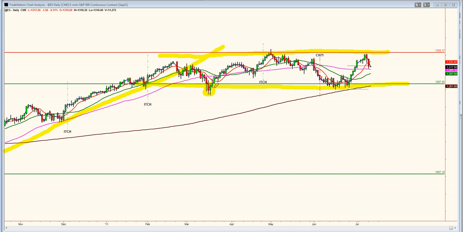So we've had support in March, resistance the end of April, 1st of May, support again the whole month of June. It hammered out a support area here, and then we rocketed back up to a resistance level that we've seen before, which are the highs for the year.